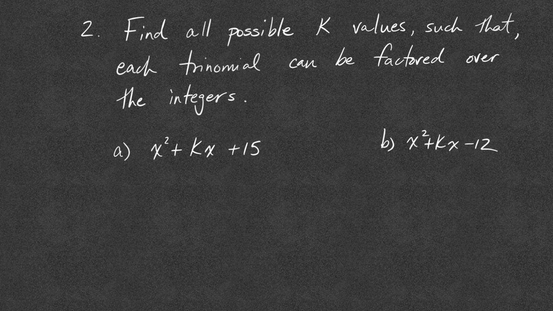Now, that instruction, I imagine, is a little confusing. So for right now, I'll explain it later, but for right now, I want you to imagine that that question just said, find all possible k values so that each trinomial can be factored. Factor it the way you think factoring means.